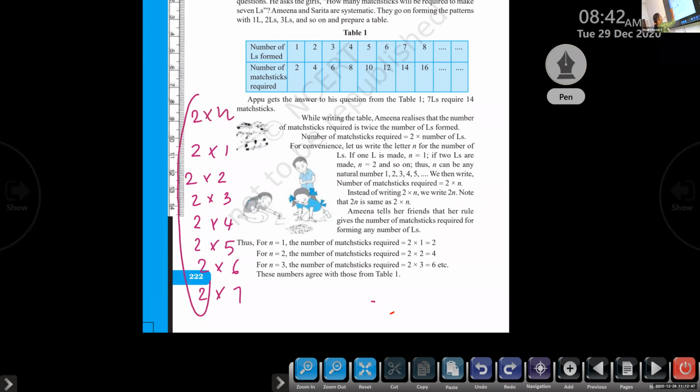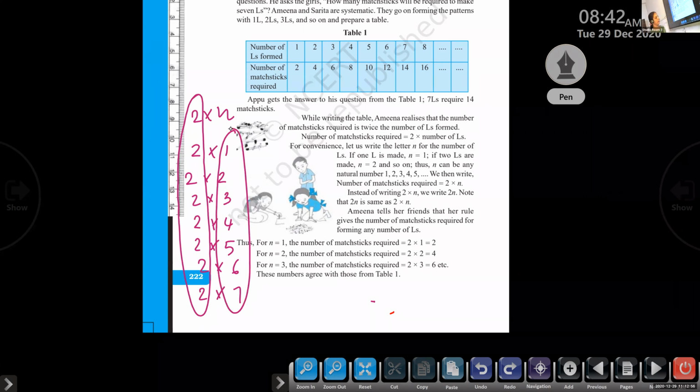This 2 is coming always without any change. But this N changes. The value of N changes. And according to this value, we get the number of matches required as different answers: 2, 4, 6, 8, 10, etc.